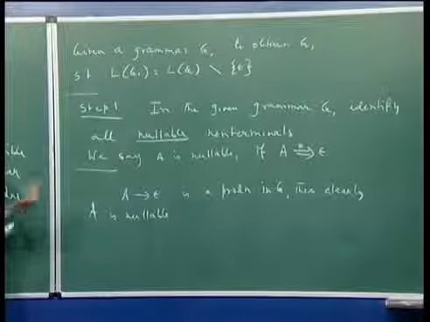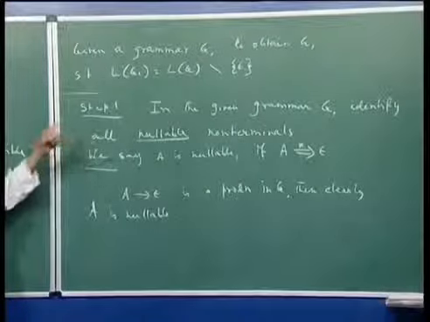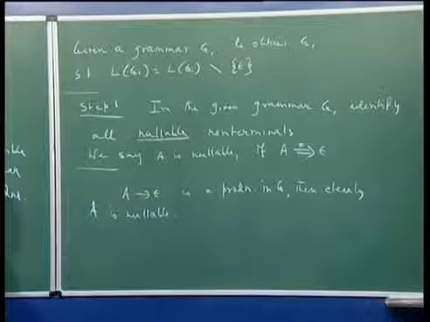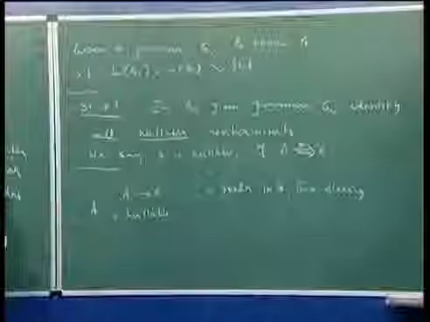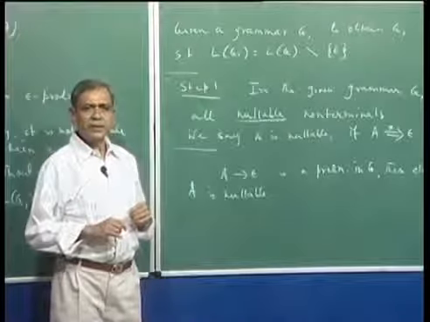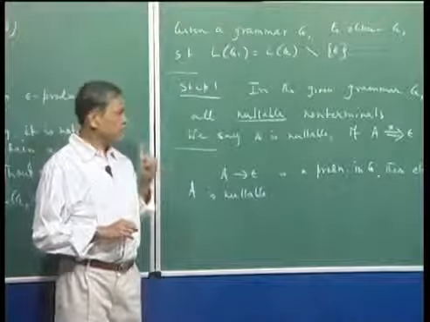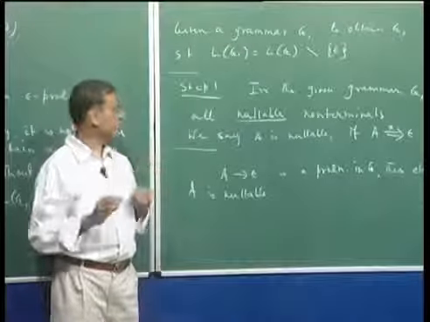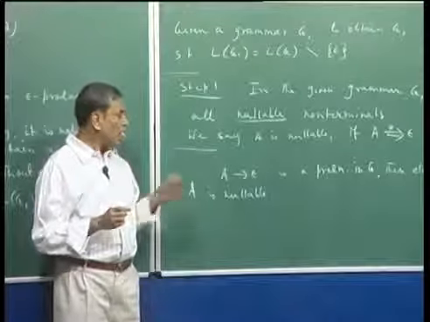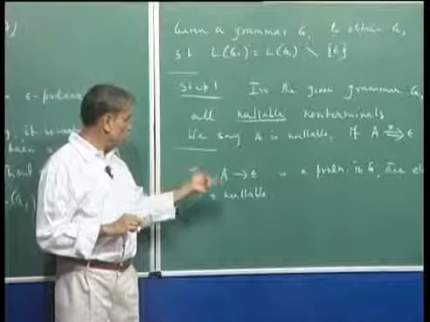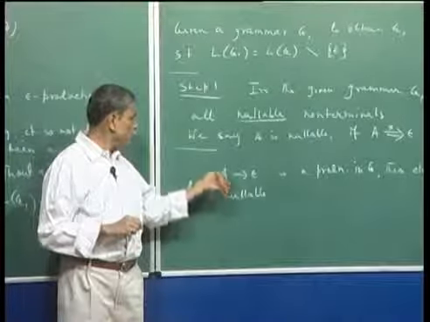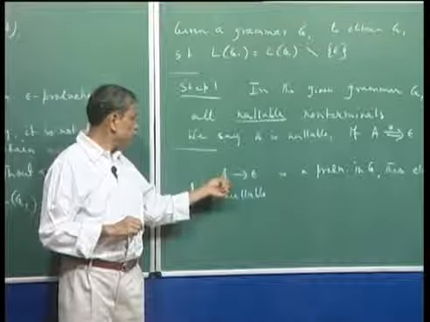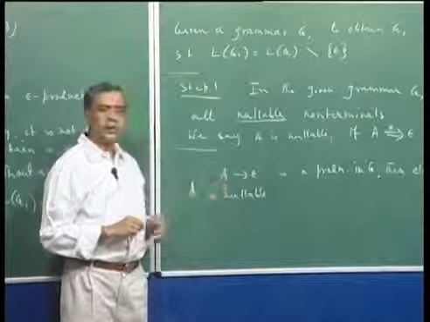Now, the way we identify the set of all nullable non-terminals of the grammar G is by an inductive process, and the base of that induction will start with identifying all non-terminals which have such a production.